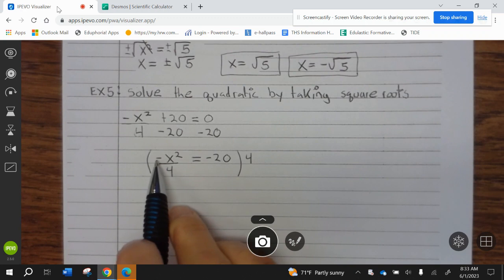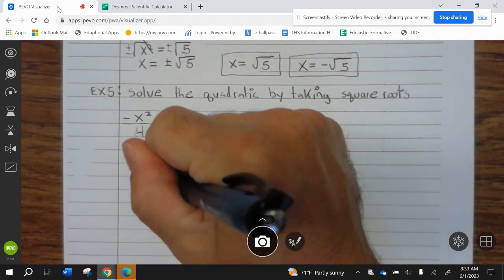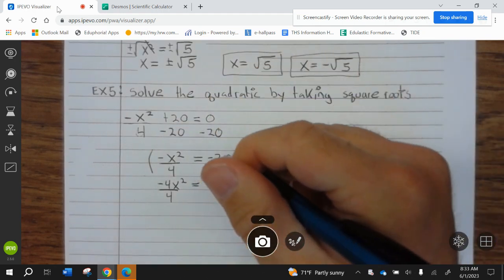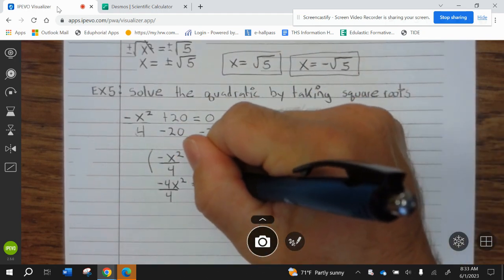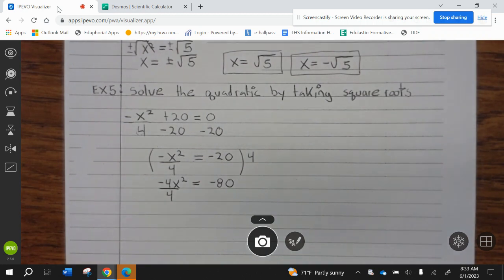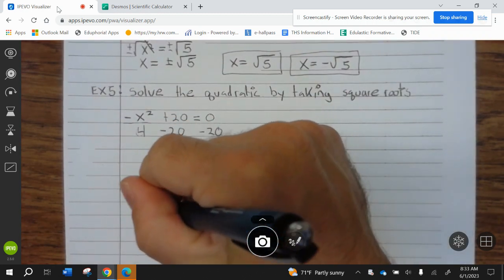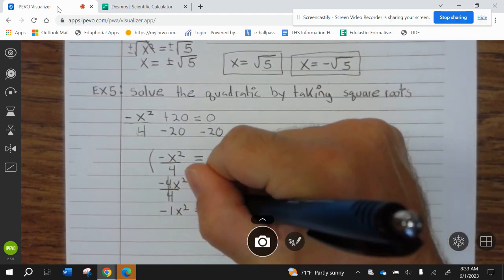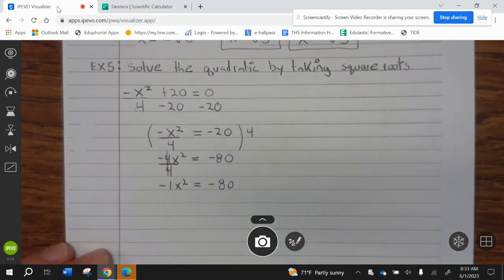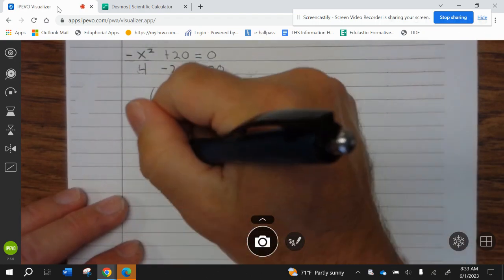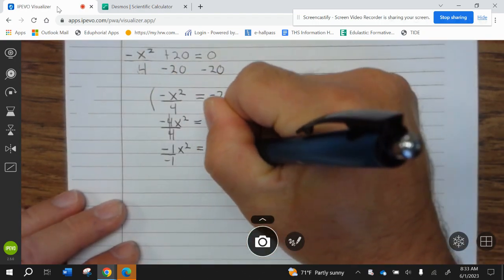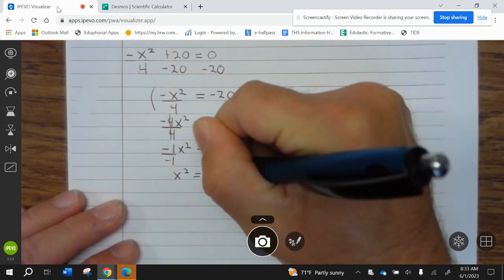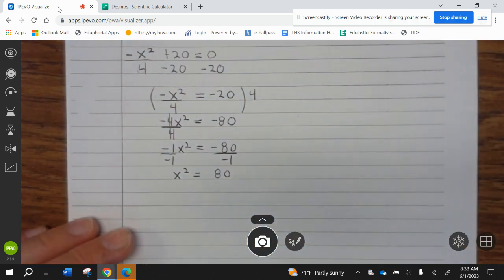So 4 times, that's negative 4x squared divided by 4 equals negative 20 times 4 is negative 80. This 4 divided by 4 becomes 1, so you get negative 1x squared equals negative 80. Divide both sides by negative 1. So then you have x squared equals positive 80.